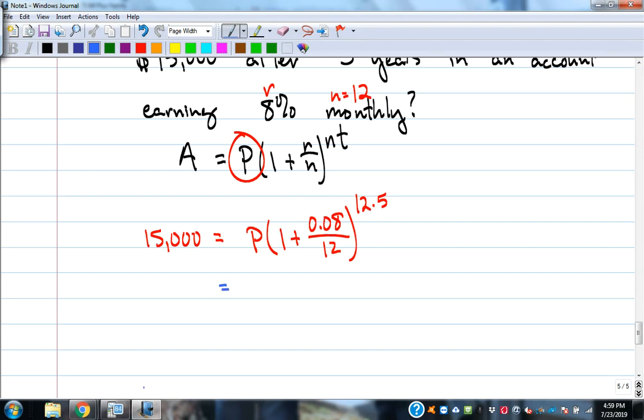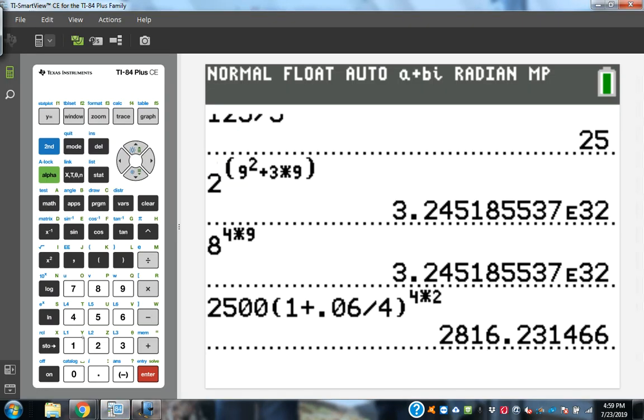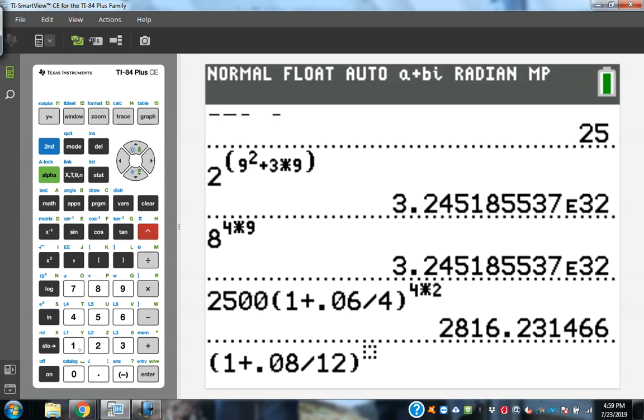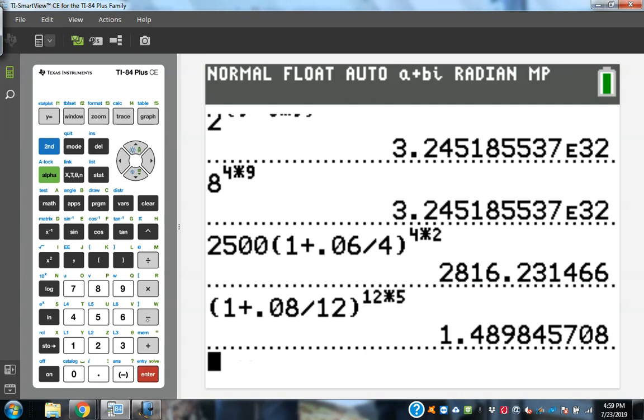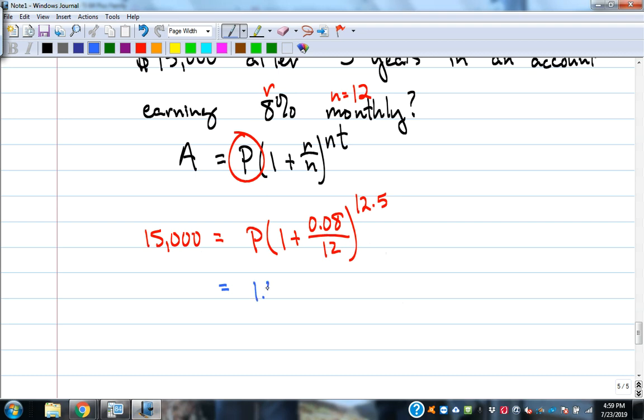So if I can just work out that number: parentheses, 1 plus 0.08 divided by 12, close the parentheses, raised to the 12 times 5. I'm not going to round it. I'm going to use the calculator's storage because it's got several more decimal digits after that. But on my paper, I'm going to write 1.48 times P.